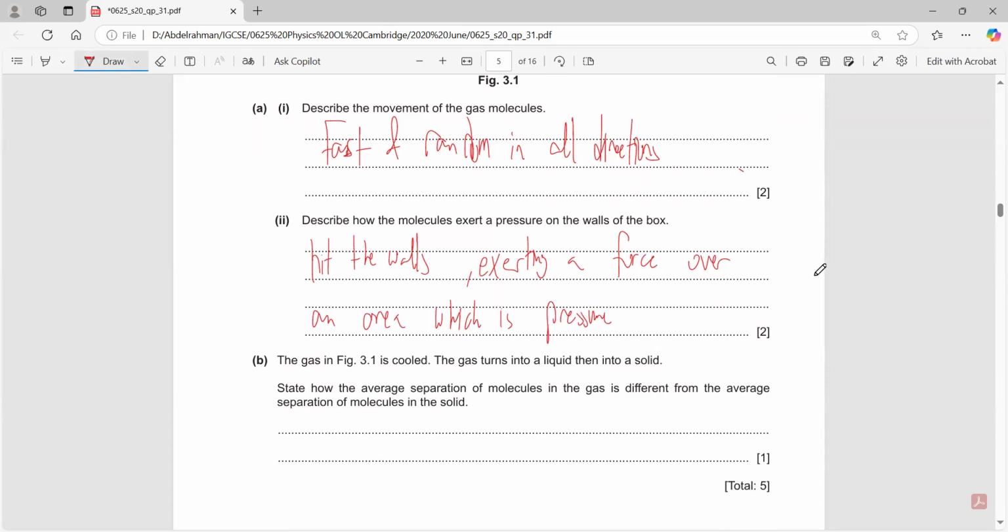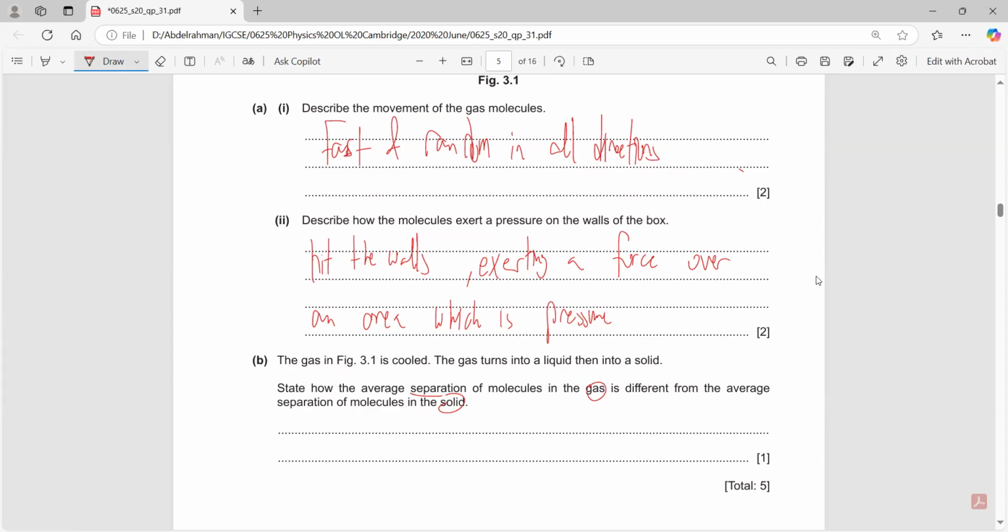The gas in figure 3.1 is cooled. The gas turns into a liquid and then to a solid state. How is the average separation of the gas molecules different from the average separation in a solid? We need to talk about the separation.